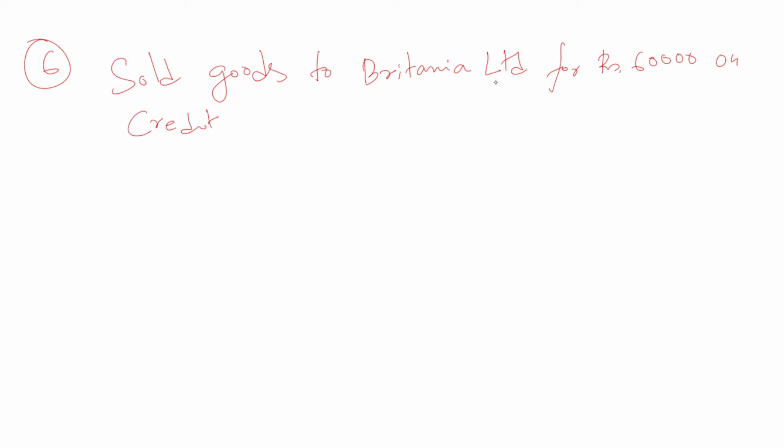So what will be the journal entry? Just in the same way we passed the last journal entry, it will also be the same. In place of cash, here we will be writing Britannia Limited. Britannia Limited to sales.